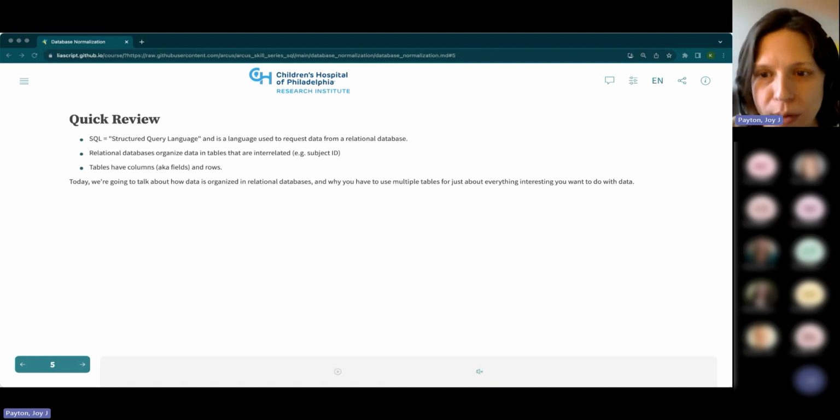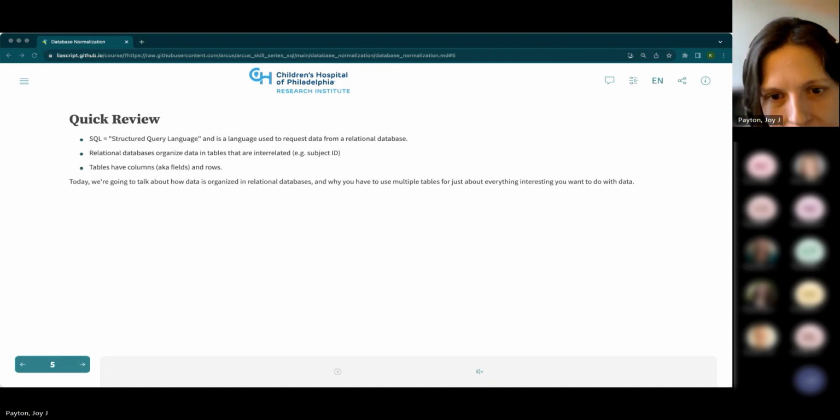And again, today we're going to talk about how data is organized in these tables in databases and why you have to use multiple tables, not just one, for just about anything interesting that you want to do with data from a database. So often you have to combine data from 2 or more tables to get the information you need for your work.